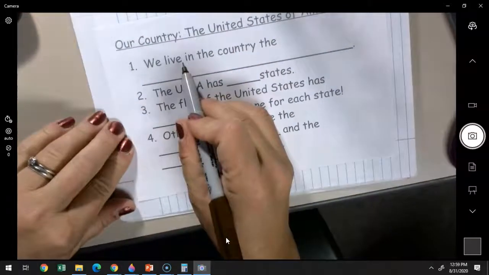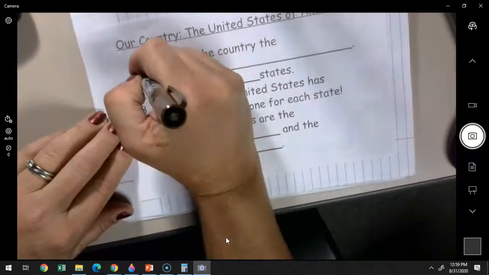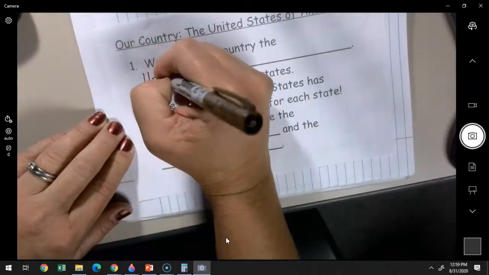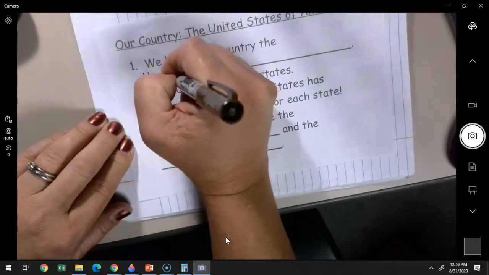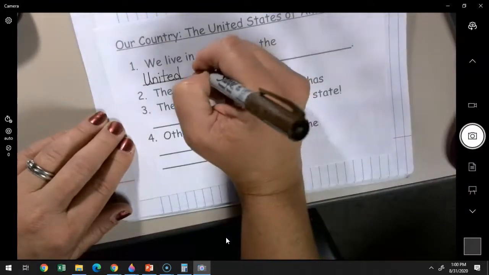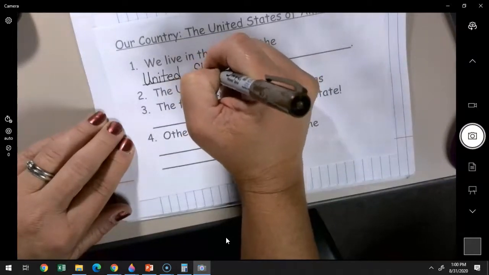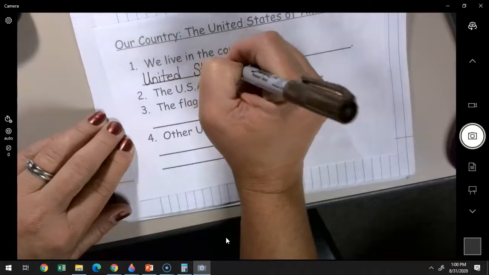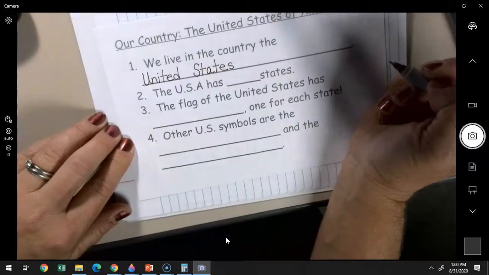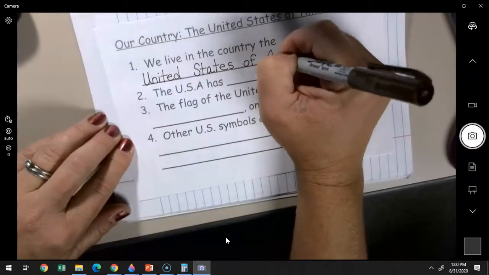So it says we live in the country, now we're going to write United, capital U, N-I-T-E-D, capital S for States, S-T-A-T-E-S, of America.